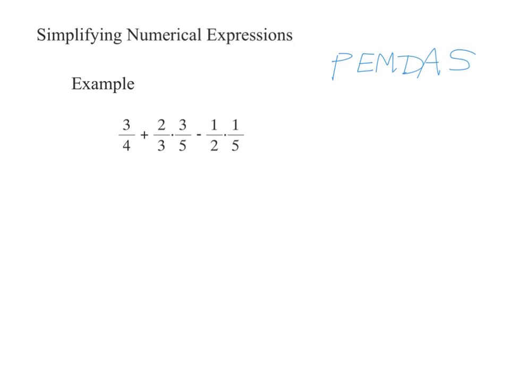Now from the last section, we learned that multiplication, you multiply straight across the top and straight across the bottom. So I'm going to recopy the 3/4 and then look for any simplification, any cancellation. These 3's will reduce. So by multiplying straight across, I'll get 2 times 1 over 1 times 5.